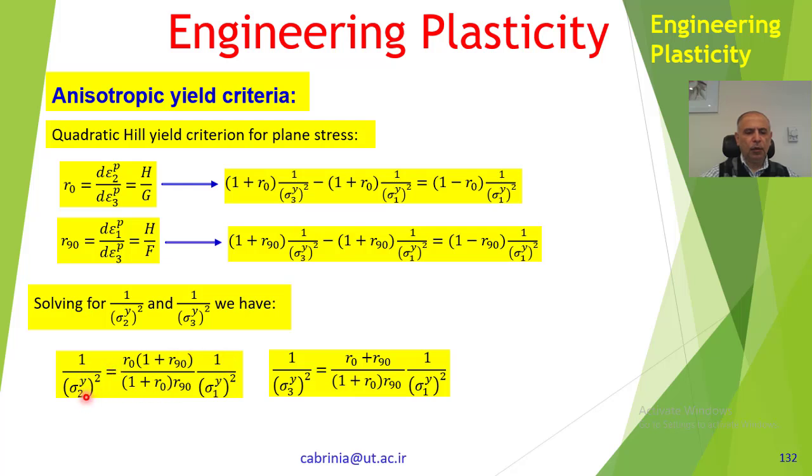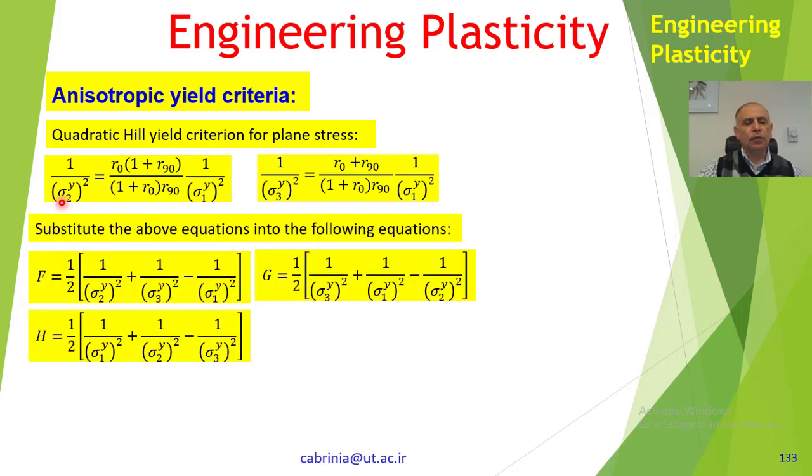So 1 over sigma 2y to the power of 2 is equal to this term. So we find out sigma 2y in terms of sigma 1y, that is, yield strength in direction 2 in terms of yield strength in direction 1. And similarly, yield strength in direction 3, we find out in terms of yield strength in direction 1, using these parameters.